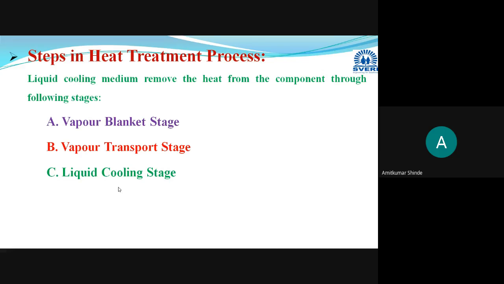Heat removal occurs only due to conduction and convection, and the cooling rate is the lowest here. In these three stages, whenever a hot component comes in contact with the liquid cooling medium, removal of heat will occur. The first stage is the vapor blanket stage, the second is the vapor transfer stage, and the third is the liquid cooling stage.